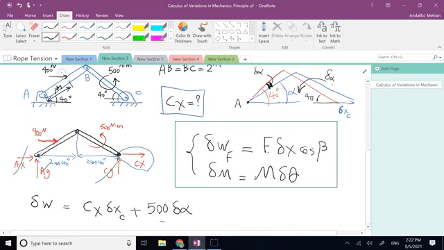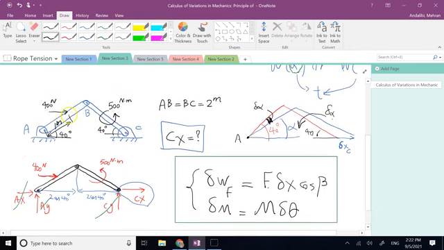So what about the 400? Well, for the 400, the point that the 400 is applied to is this point here, and I can call it, let's say, point D. So the 400 is moved horizontally. Point D in general does not move completely horizontally, right? Because it is rotating about point A. So point D in general moves on an arc. How much is the length of that arc?